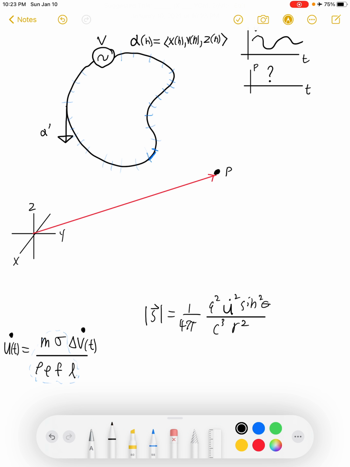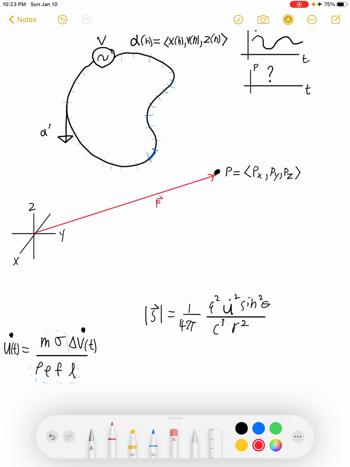And P will be equal to this. So the point P is just a point. However, there is a vector with components x, y, and z that will get you from the origin to that point.